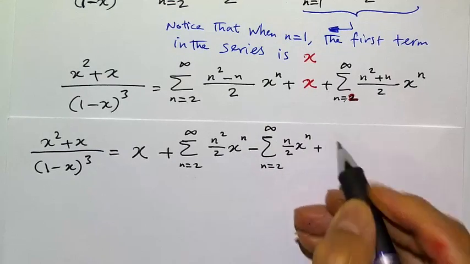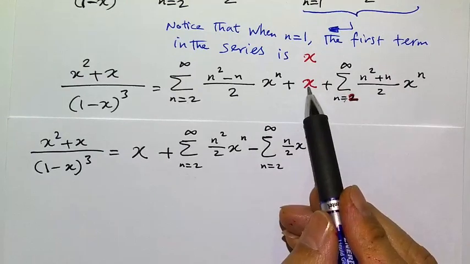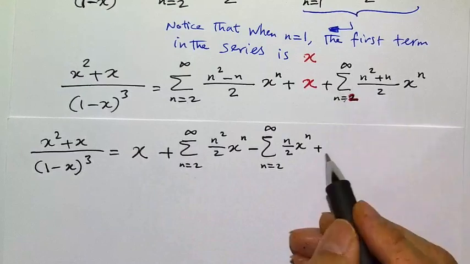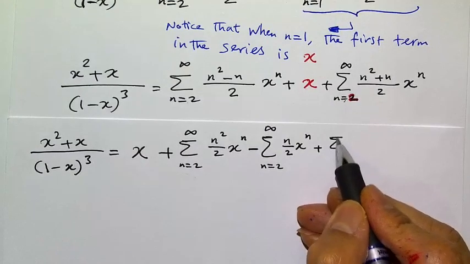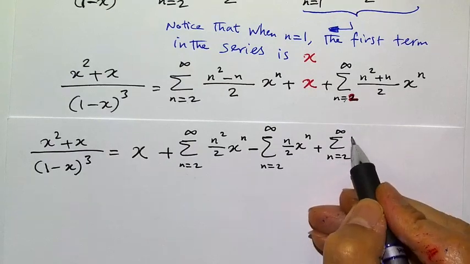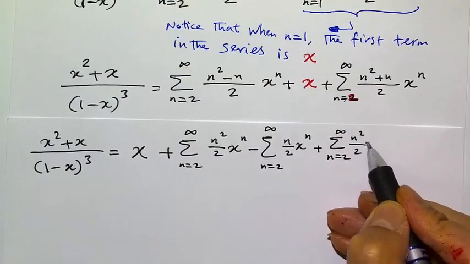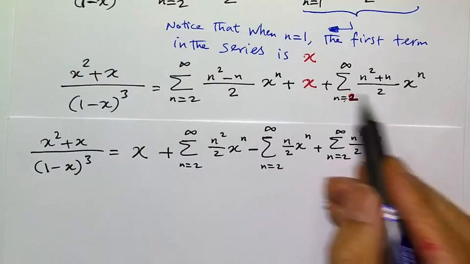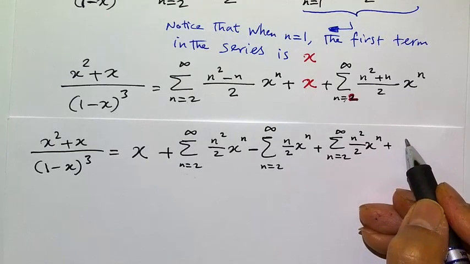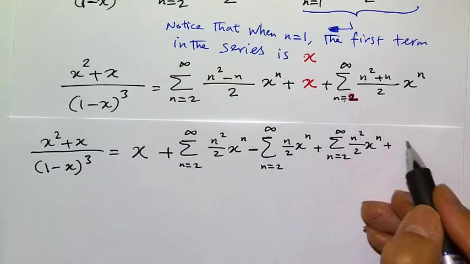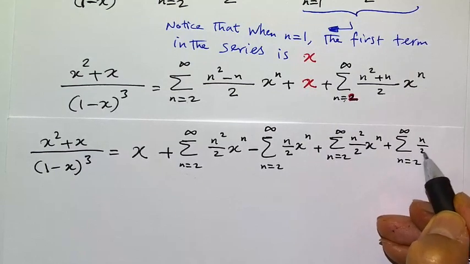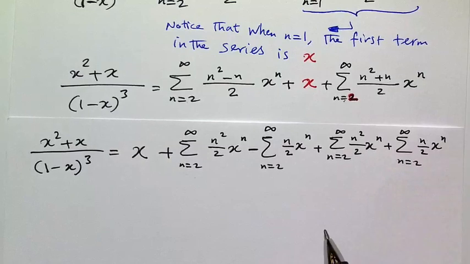Plus, we've already accounted for this x here. So we have to worry about this, and that gives us n squared over 2 times x to the n, right? I'm just separating this, plus one more term, and we have n over 2 times x to the n.